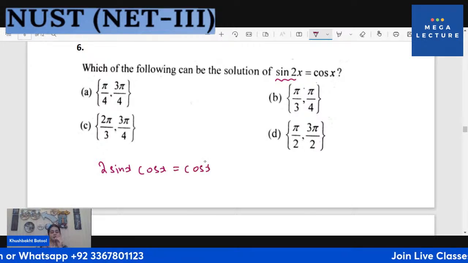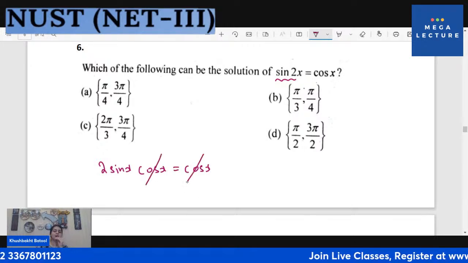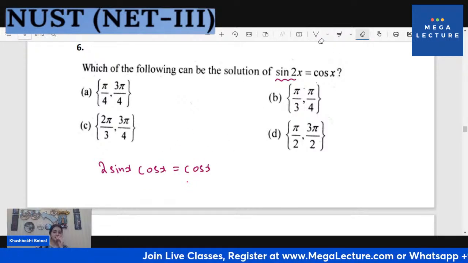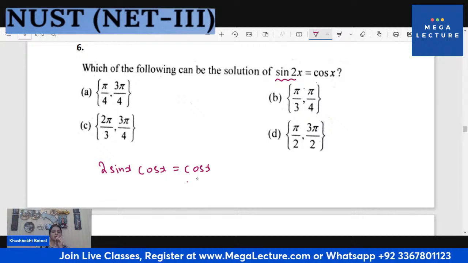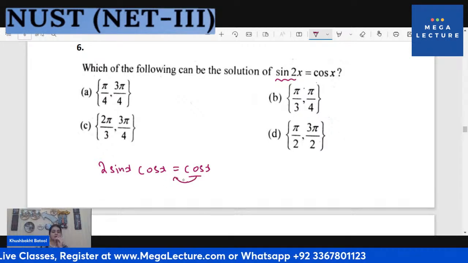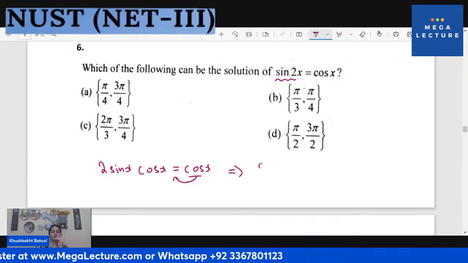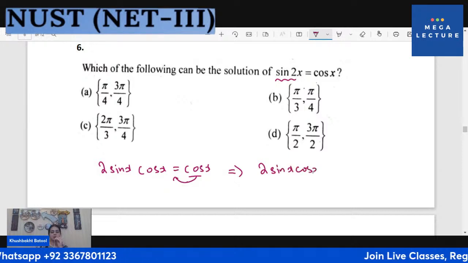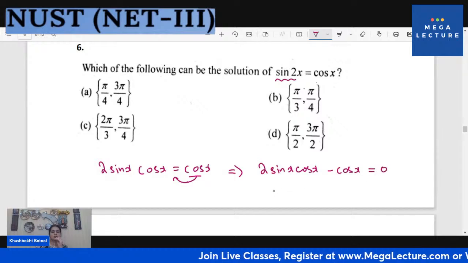Now please make sure that you do not cancel out this cos x and cos x, because this way you would be missing out a solution. So I will take this cos x on this side, and it would give you 2 sine x cos x minus cos x equals 0.